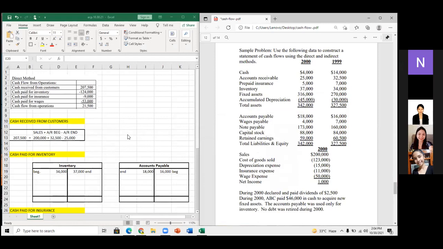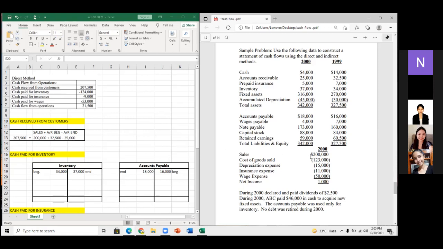Makikita nyo yung sinabi kanina na kapag direct method siya, usually nag-start siya sa mga cash receipts and collections. Tapos doon natin ililes yung mga naging payments natin or yung mga expenses natin. Dito, nakuha niya yung cash receipts from customers na 207,500.